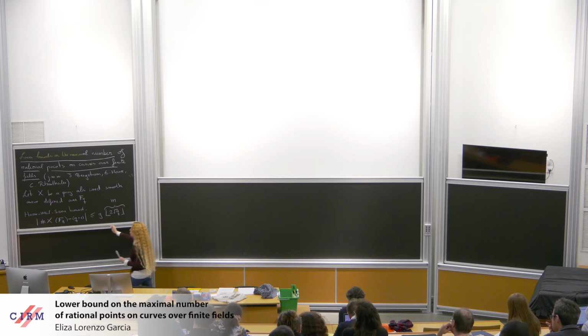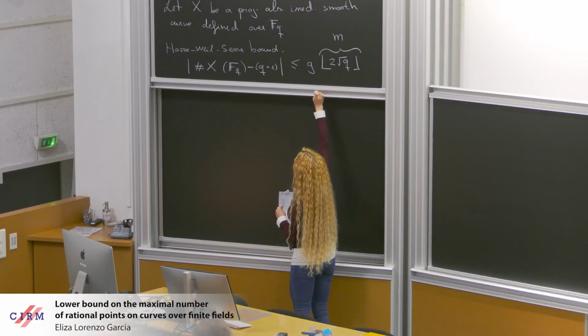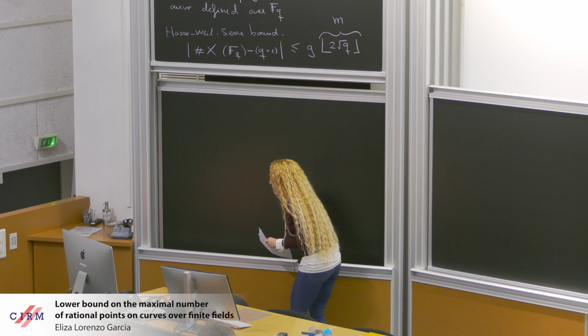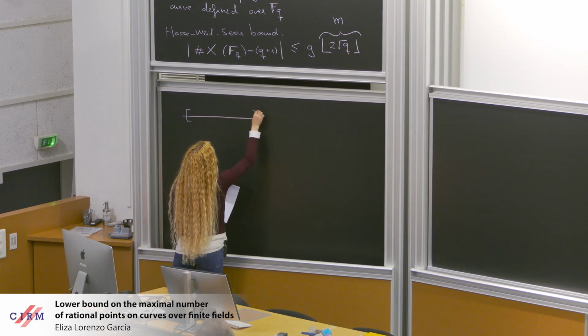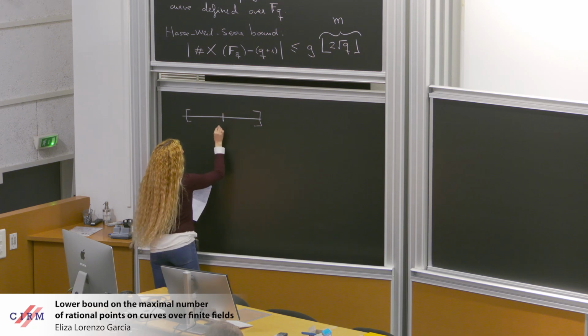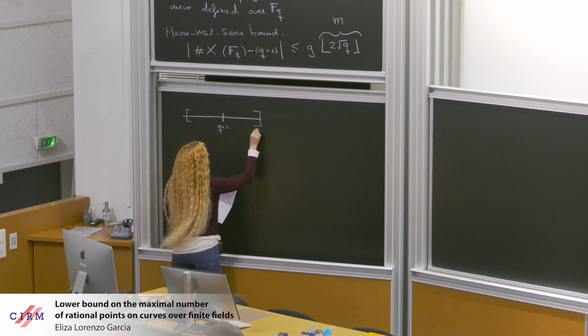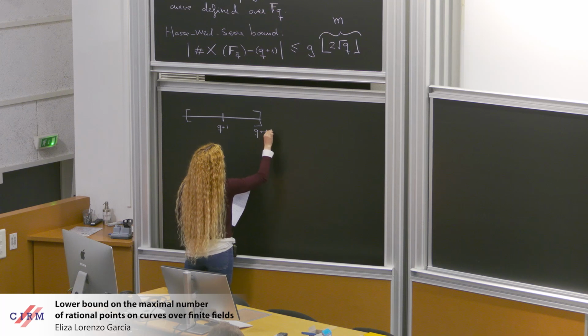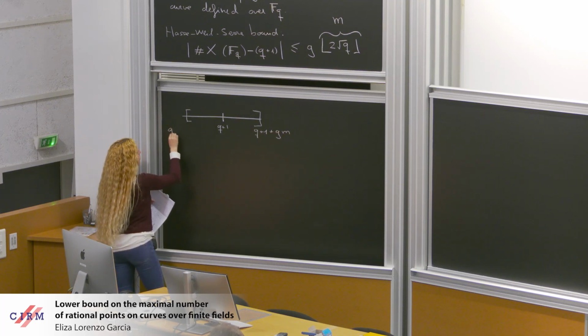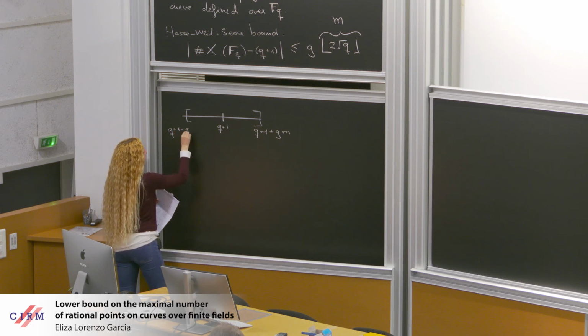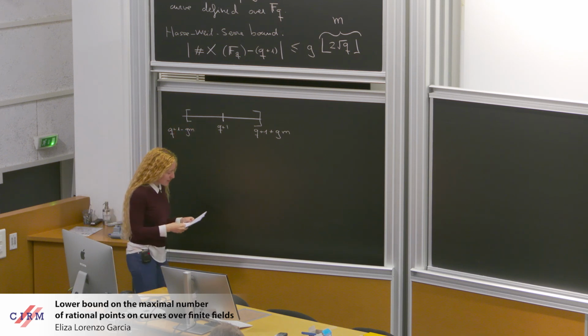So you can think about this as a nice interval that is centered in q plus 1, with q plus 1 plus gm at one end, and q plus 1 minus gm at the other.